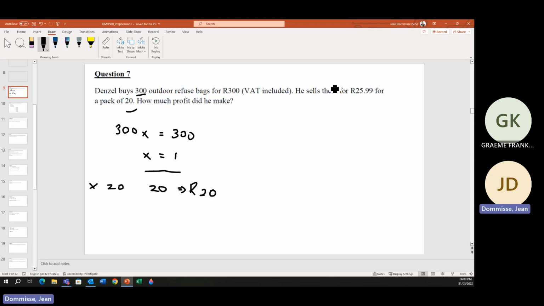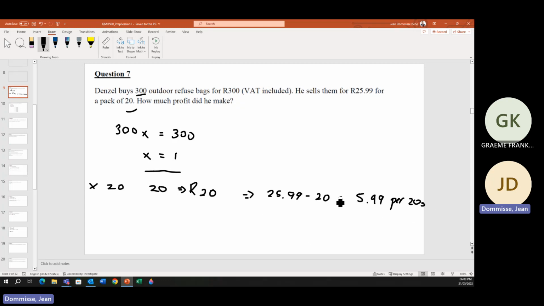If he sells them for 25.99, he's basically making, let's see, 25.99 minus 20. So he's making a profit of R5.99 per 20 bags. So I think that is just important that we say per 20. Sounds like cigarettes, a pack of 20.